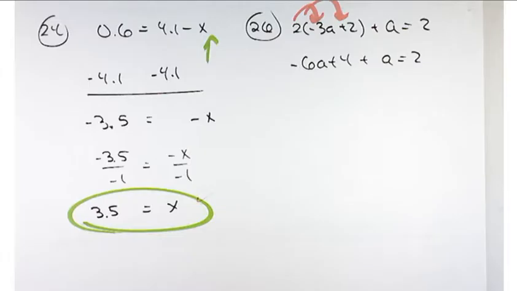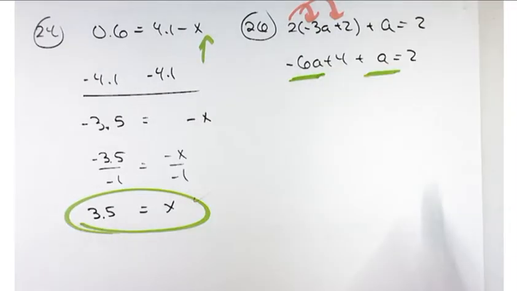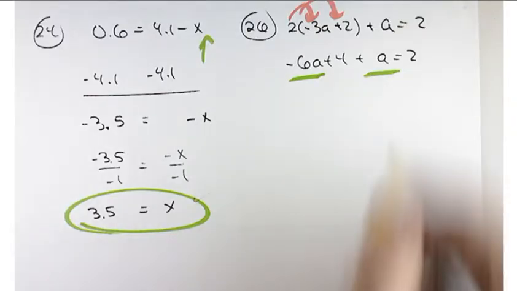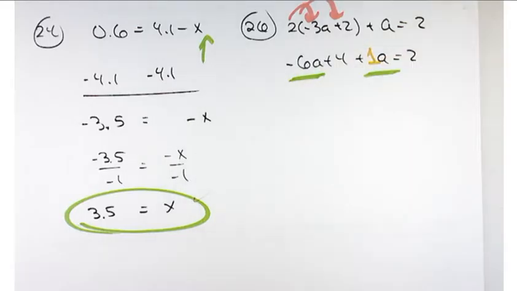Now let's combine like terms here. What are the like terms? We went over that the other day. Negative 6a and a. Now it's not really written here, but what's understood to be here as far as the number of a's? It's understood to be a 1a there.